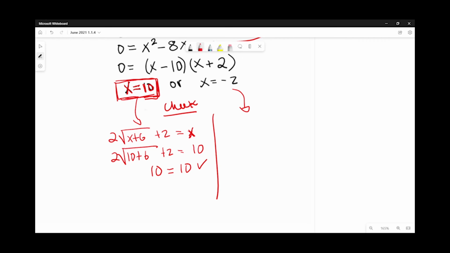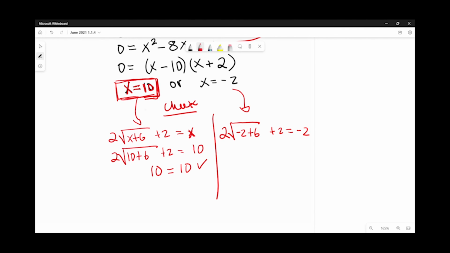But then what about the other one? What about negative 2 here? Does it work? If we have 2 root negative 2 plus 6 plus 2, this plus 2 is outside. Let's not make a mistake. Is this equal to minus 2?